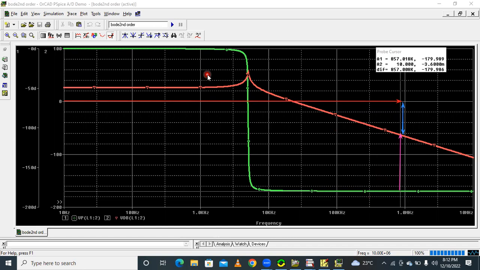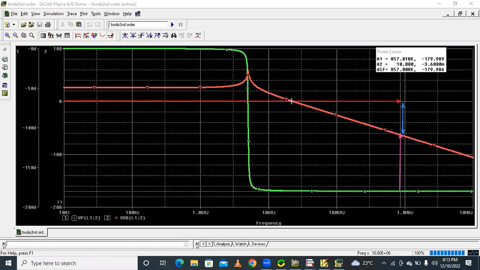This is about frequency domain analysis. Here omega PC is greater than omega GC. This is omega PC, and at the 0 dB line, this is omega GC, the gain crossover frequency. By drawing the line, this is the 0 dB line and this is the phase plot.